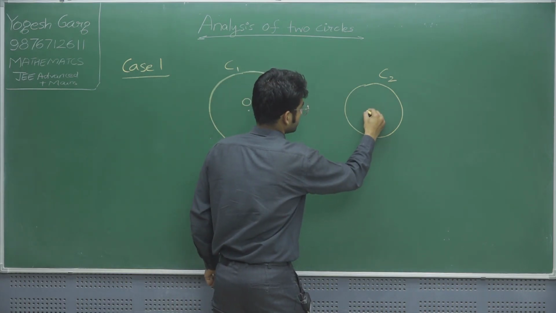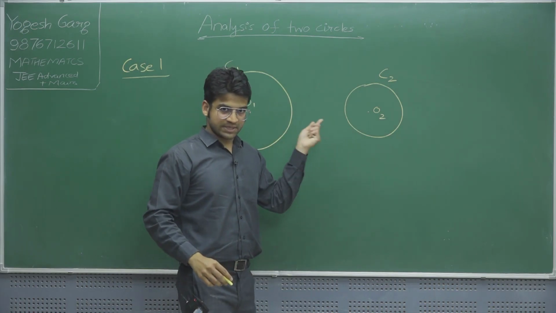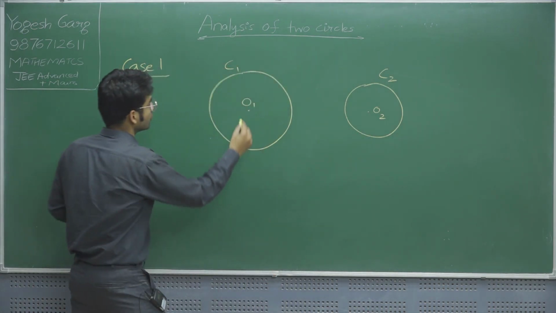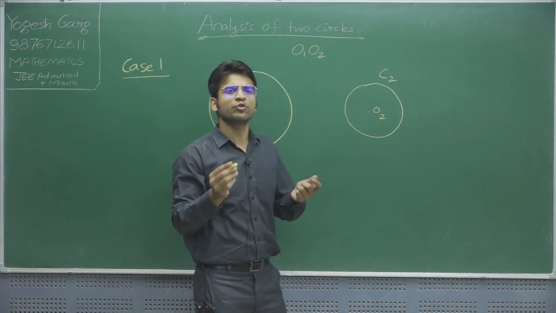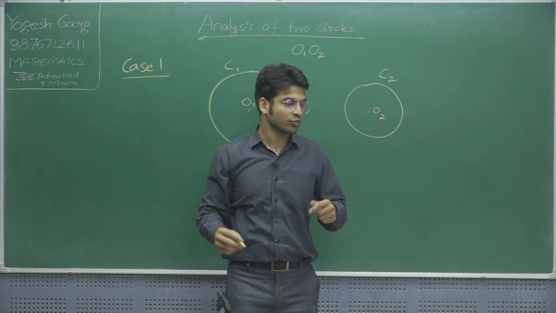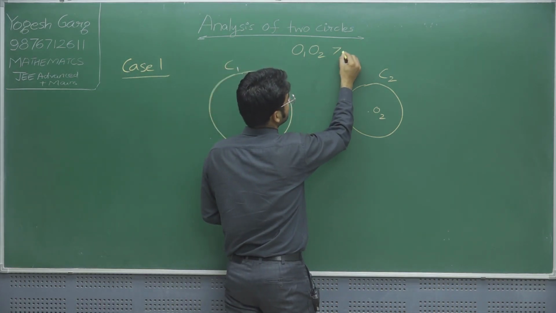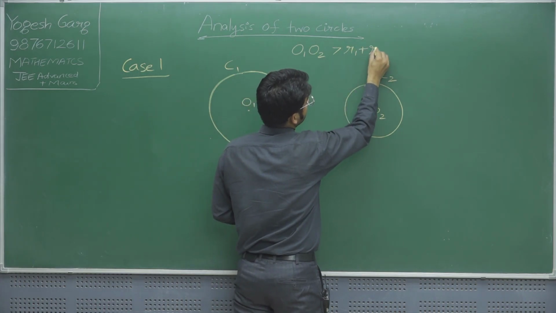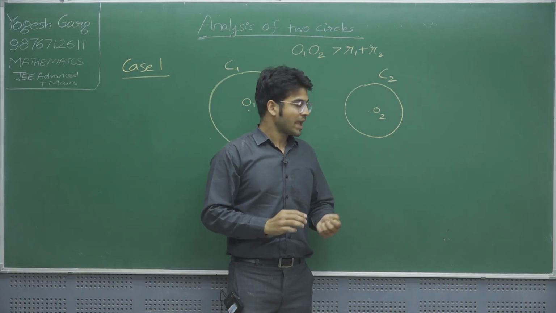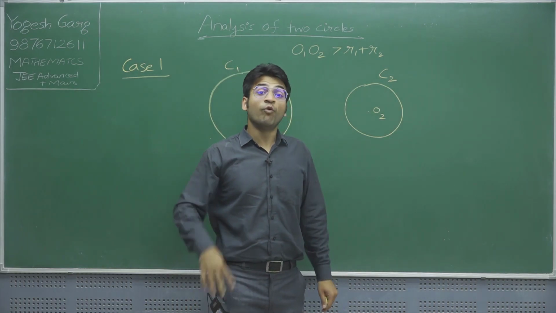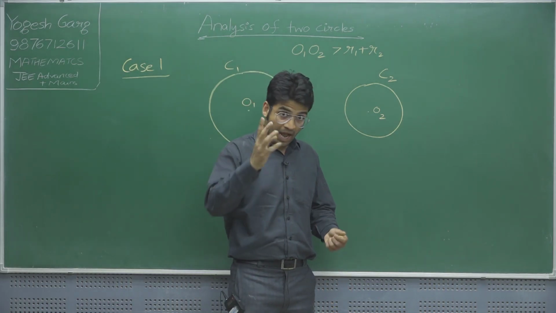It is clearly observable that O1 O2, the distance between their centers O1 and O2, is greater than the sum of their radii, that is O1 O2 is greater than R1 plus R2. Now we can form four common tangents between these two circles. How? Let us see.